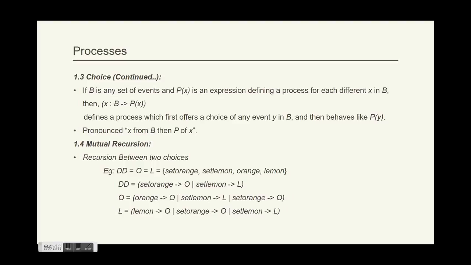In case of orange, the customer can select orange and he gets the drink, and then the process goes back to the initial state, and then he has the second choice of event set lemon, where he can change the process from orange to lemon, so that he will be able to select lemon after that. And then he has another option set orange, which doesn't change the state of the process.